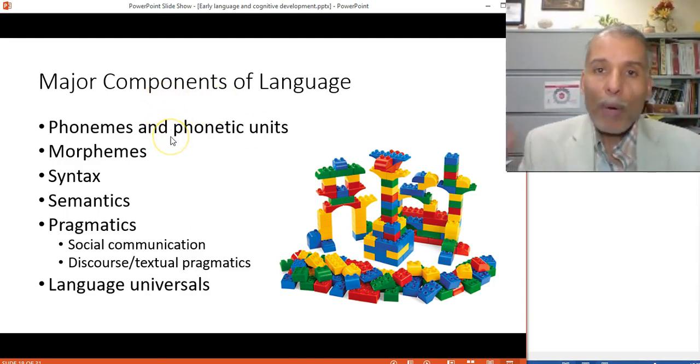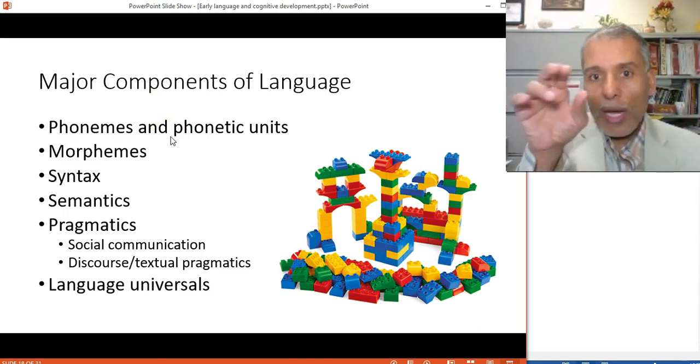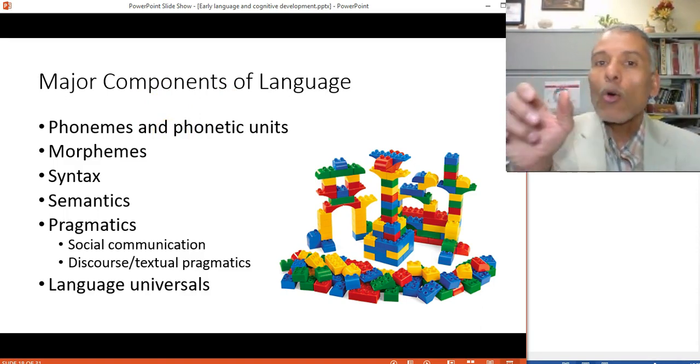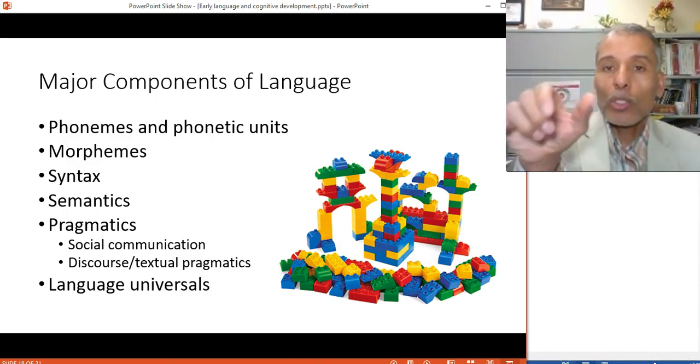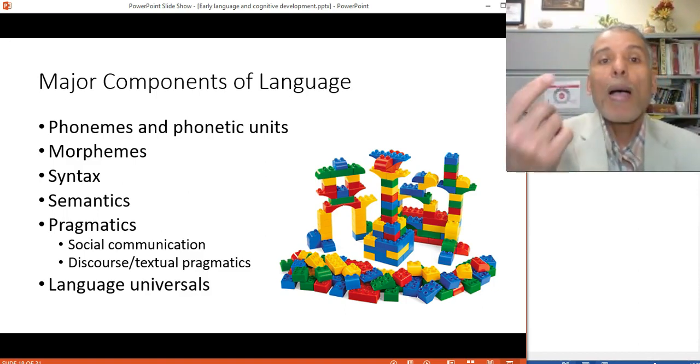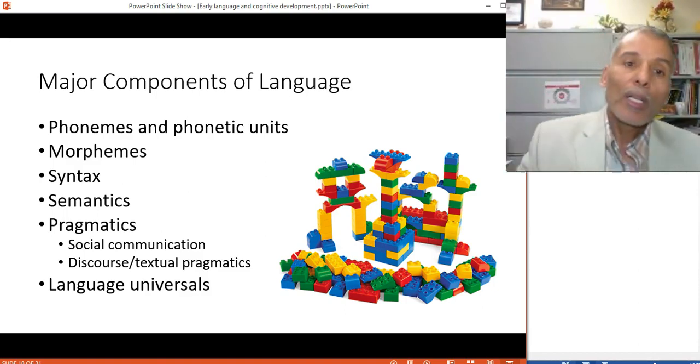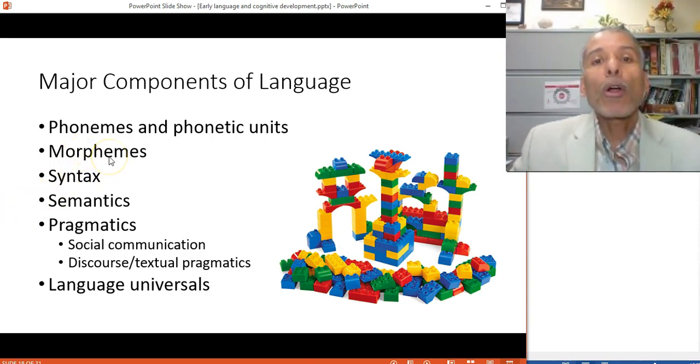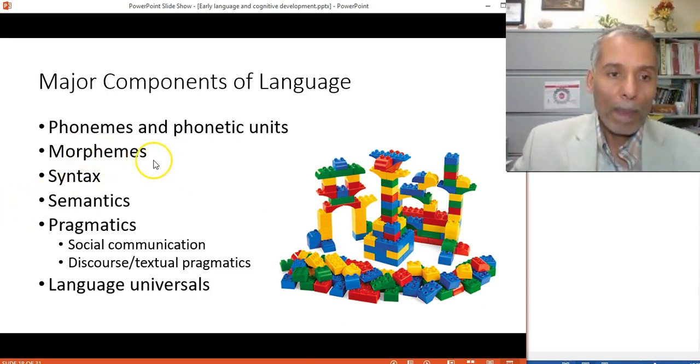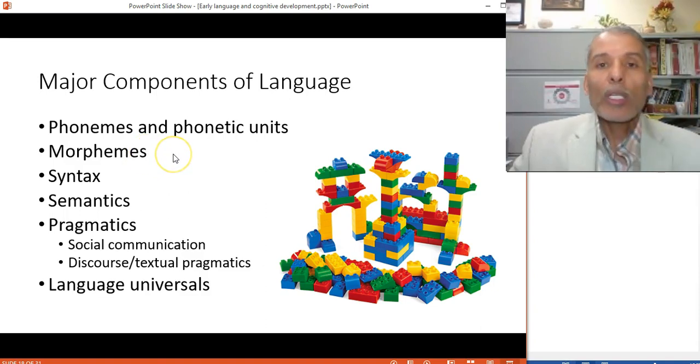So phonemes are the building blocks of a language. You combine the phonemes together to make a unit of linguistic meaning. In other words, to make one word that gives you a meaning, a concept. You call that concept a morpheme. So the word cat, hippopotamus, each one is a morpheme.